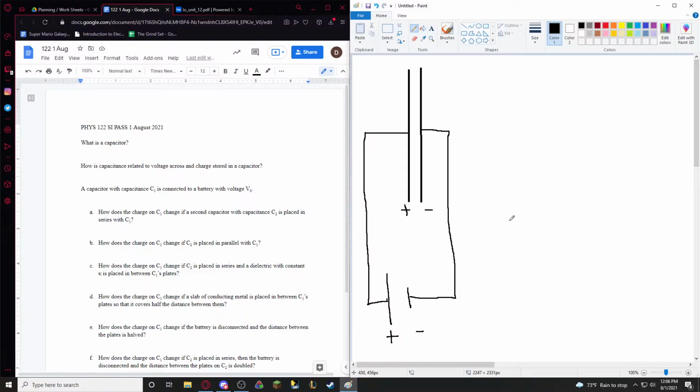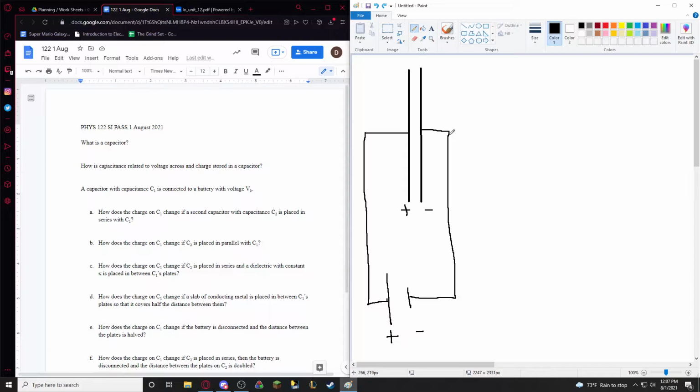Basically, if you go in a loop and straighten this all out into a straight line, the capacitor is going to be opposite of the battery. For example, with a 12-volt battery, we gain 12 volts going from negative to positive across the battery, and then we lose 12 volts going from positive to negative across the capacitor.